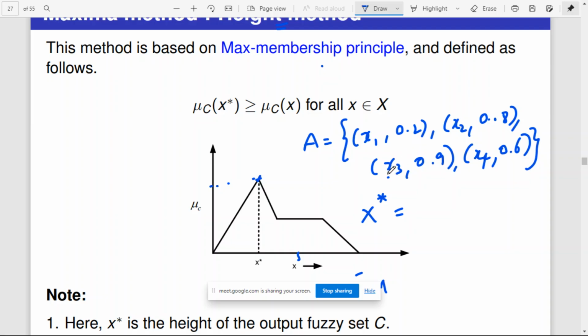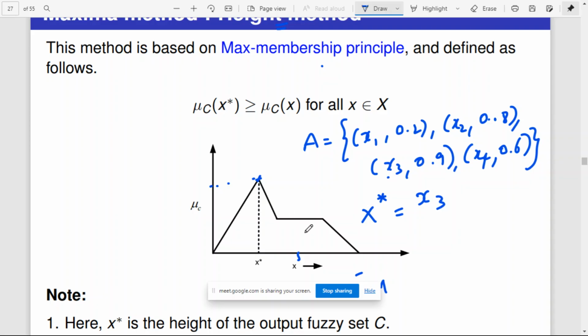Here, for x3 the membership value is maximum. Which value of x has the highest membership value? For x3 you have the highest membership value, so here x star will be equal to x3.